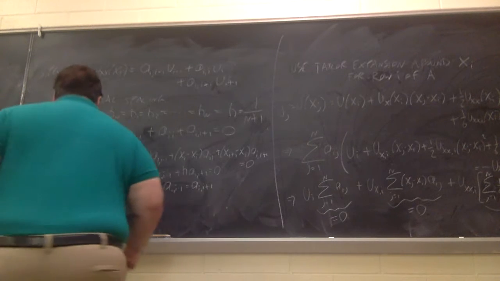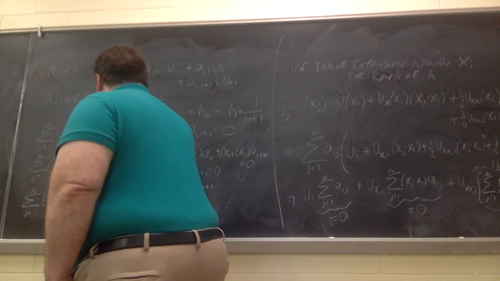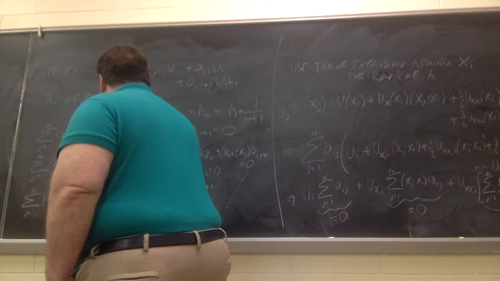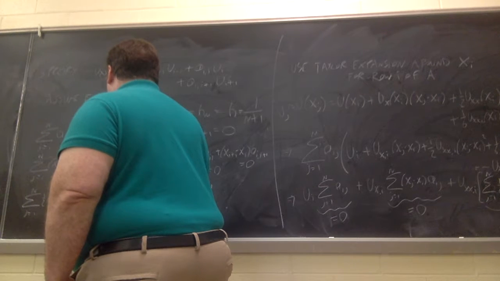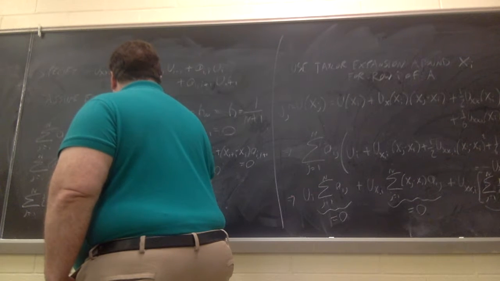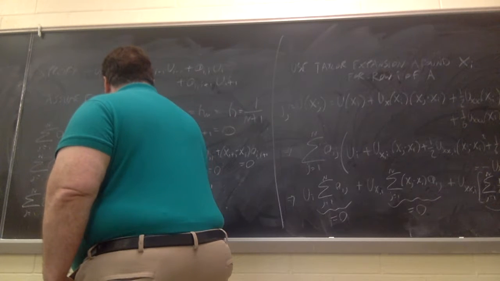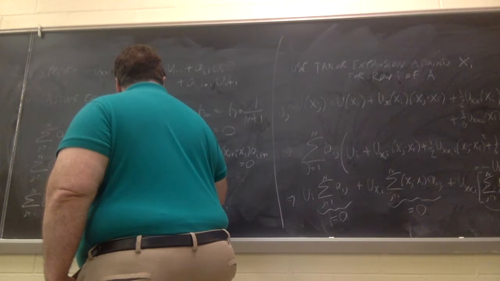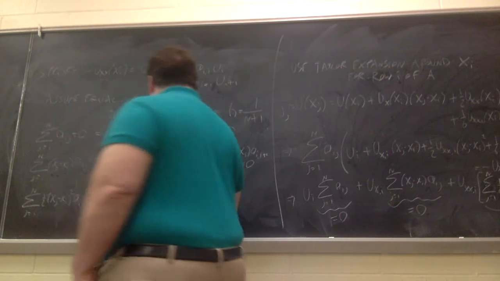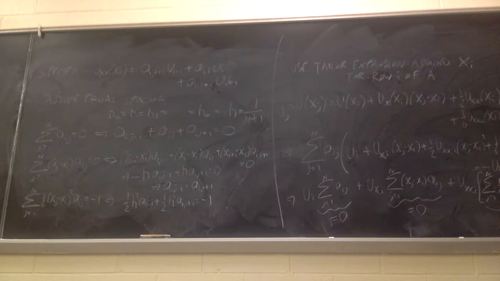So I'm going to have 1/2 h squared ai i minus 1, and then 1/2 h squared ai i plus 1, is equal to minus 1.